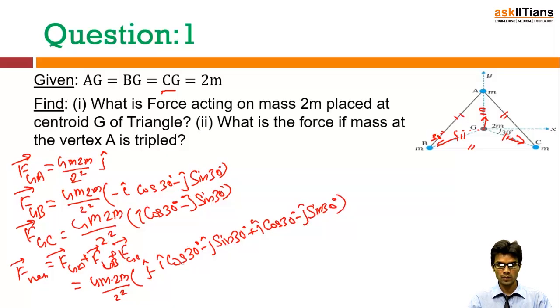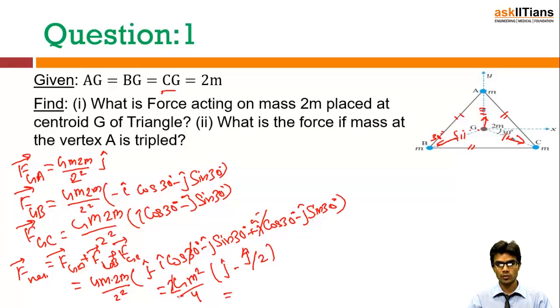Here these two parts will be cancelled. So now finally, G 2m square by 4a square in the bracket j cap minus j cap sin 30, where sin 30 is equal to 1 by 2.